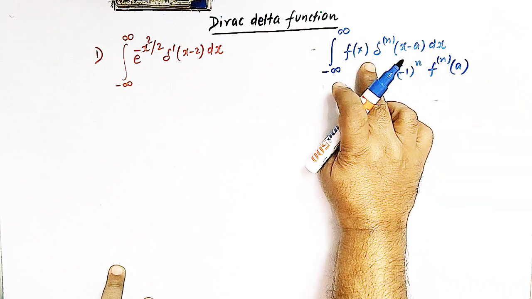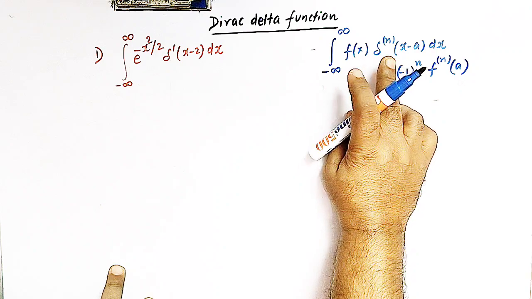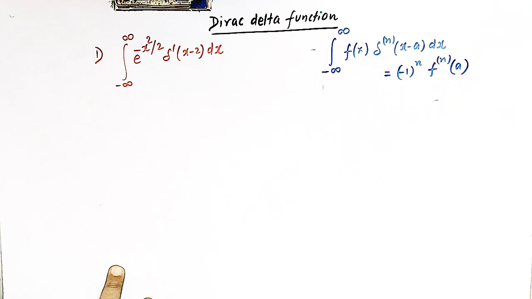So this is an important property of the Dirac delta function involving the derivatives of the delta function.